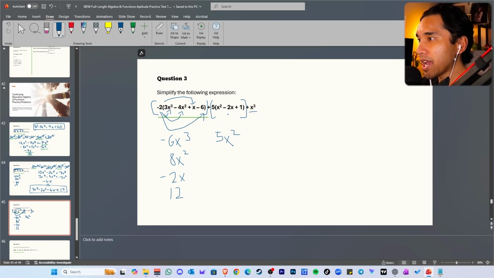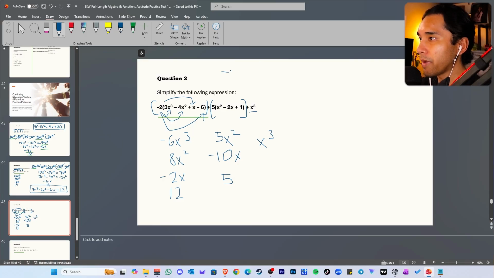Cool. 5 times negative 2x, that's negative 10x. And what is 5 times 1? Ooh, it's just 5. There you go. Then carry that x cubed. All right, we could write everything down. Okay, we have all our terms.